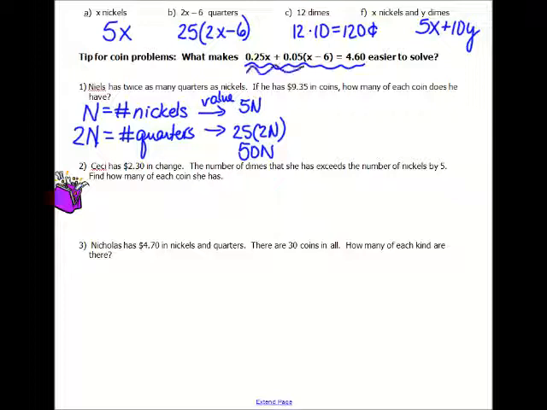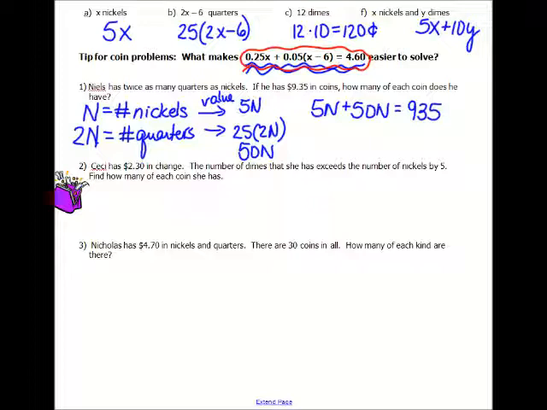Again, I multiply through by 100, so I do everything in cents. So I'm going to say that 5N plus 50N equals 935. And I would solve that, and you should solve that.